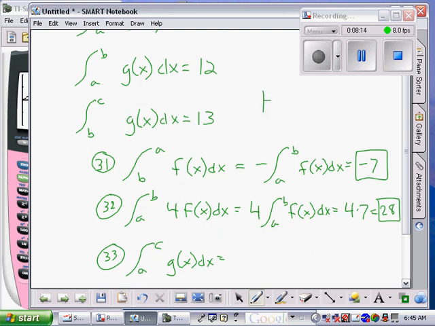This is like on a number line. If I have a here and b here and c here, and from a to b it's 12 units. Is it what, Felix? And from b to c it's 13. We can add them together to get the whole thing.